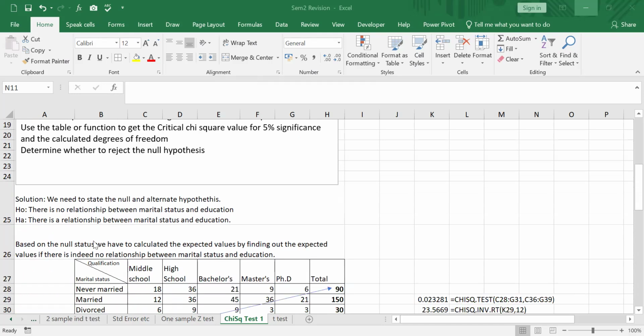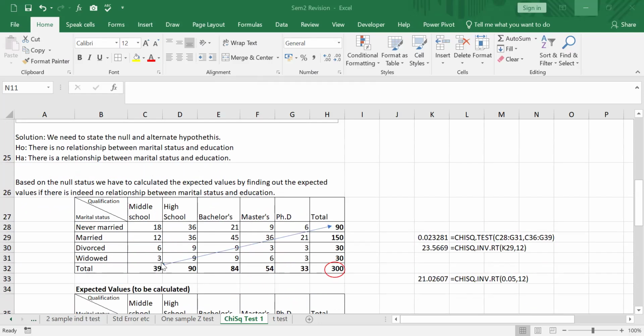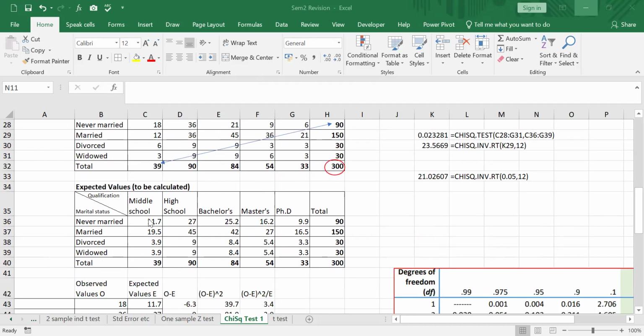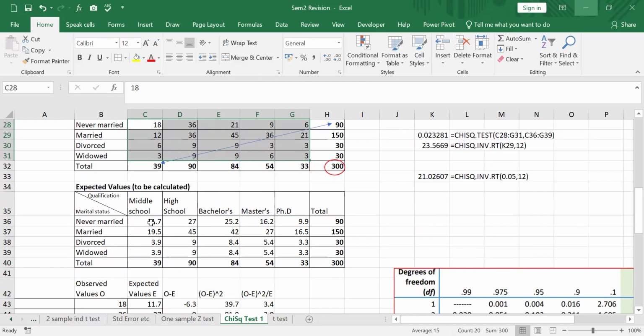Now, based on the null hypothesis, if there is no relationship at all, and based on the number surveyed, we expect an equal proportion in each column. So we need to find out, for each of these cells, which are the observed values, what the expected values should be, assuming there is no relationship at all.